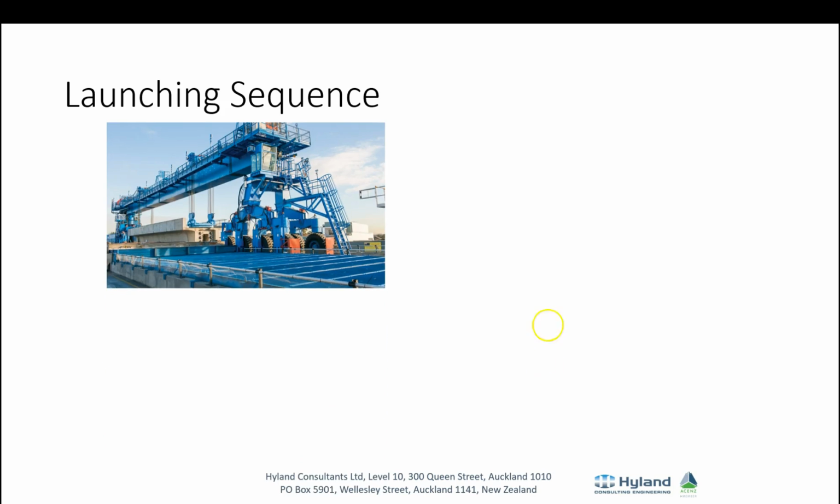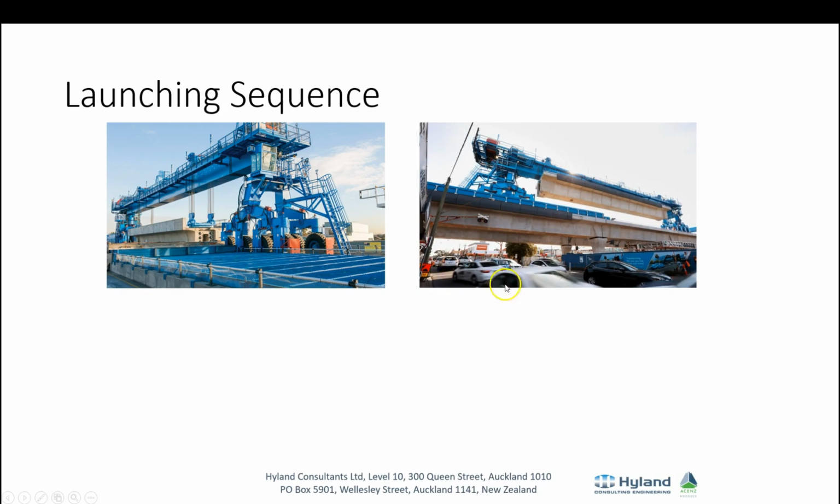Okay, here's some photos of it actually in operation at the current time. So here it is picking up the precast box girder. One of these is basically one railway line for each of these. There's two viaducts being built either side of the existing railway line. Okay, and here it is travelling across portions already built.